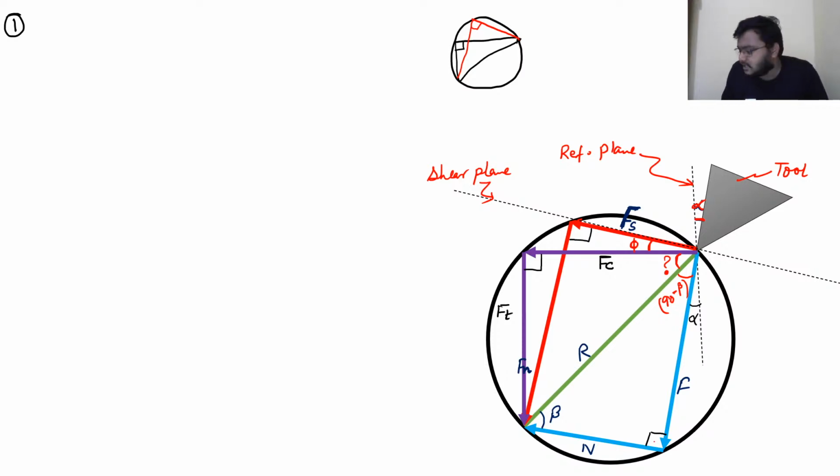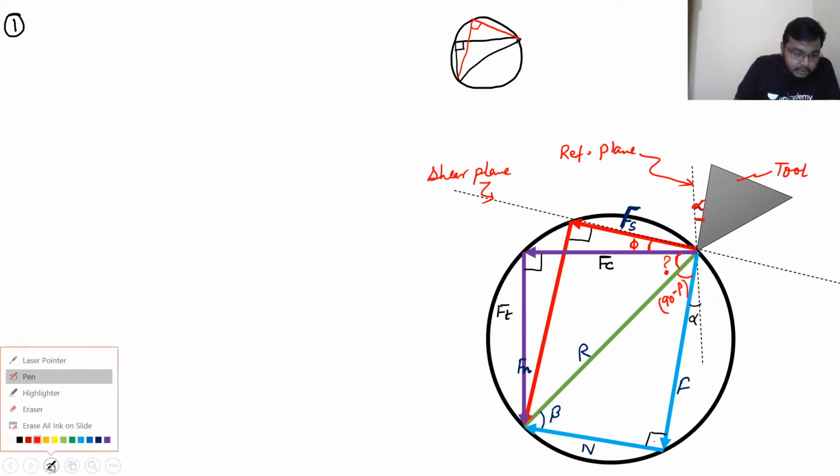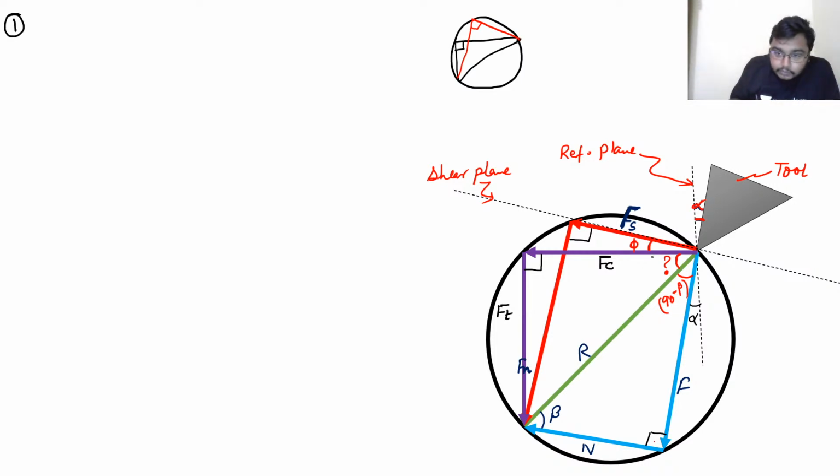Please tell me, this is basic 10th, 12th level questions. Very easy, even an 8th class student can tell it, but you are not telling me. What would be this angle? This angle is 90 degree, this angle is 90 degree, clear?